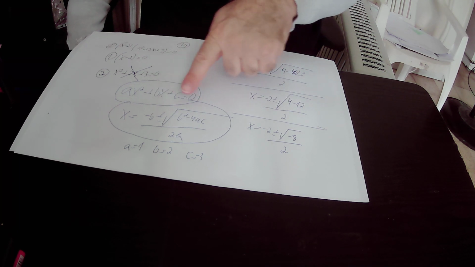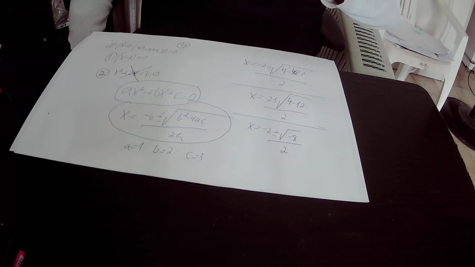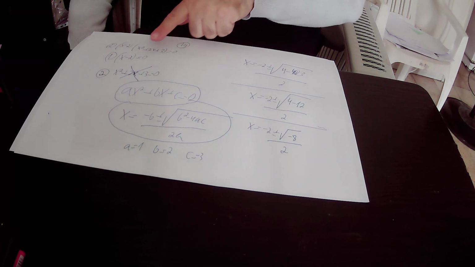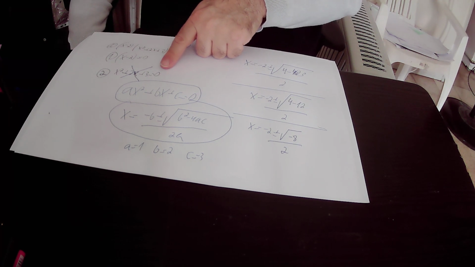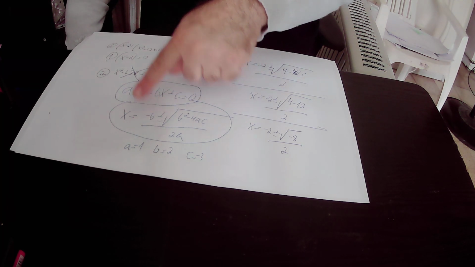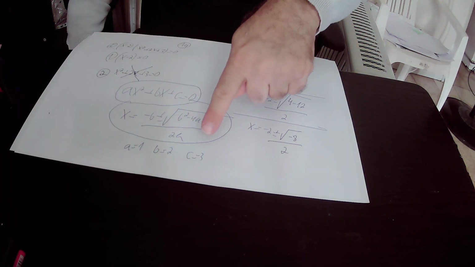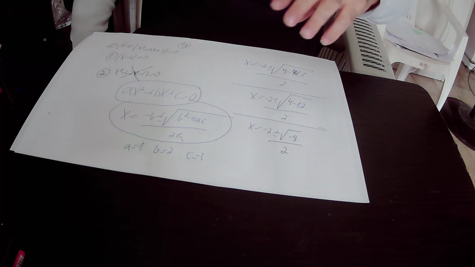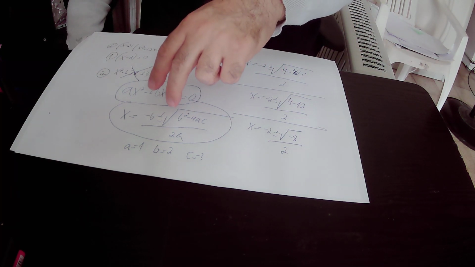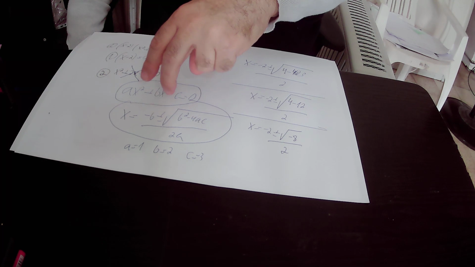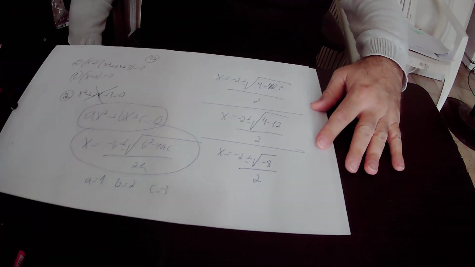This is the special formula that we will use. In our specific quadratic equation, x squared plus 2x plus 3, the coefficients are as follows: a equals 1, b equals 2, and c equals 3. So we put the data inside this formula in order to find out the value of x.